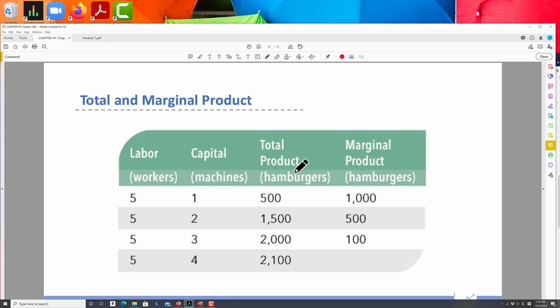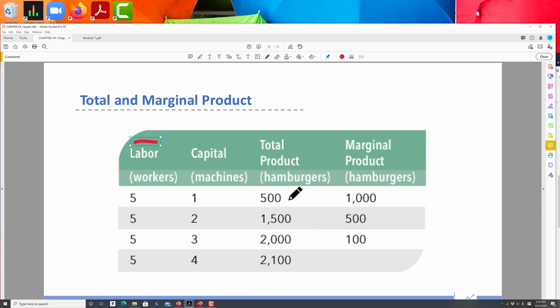Okay, so diminishing marginal product can be illustrated using this diagram. Here, the number of workers is 5. It's a fixed input in this example. Capital input increases from 1 unit to 2 units, then 3 units, then 4 units, and output increases from 500 to 1500, and so on.